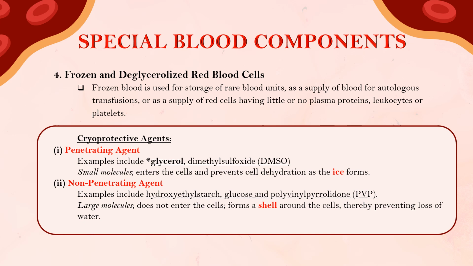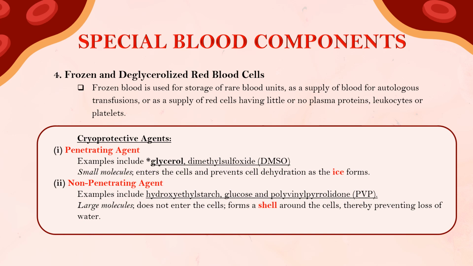We have two types of cryoprotective agents: the penetrating and non-penetrating. For the penetrating agents, examples include glycerol and dimethyl sulfoxide or DMSO, having glycerol as the most commonly used cryoprotective agent.